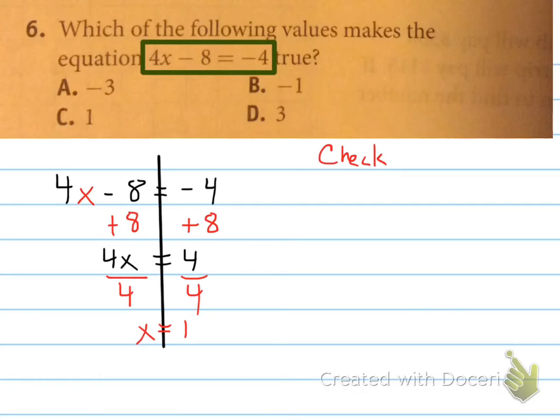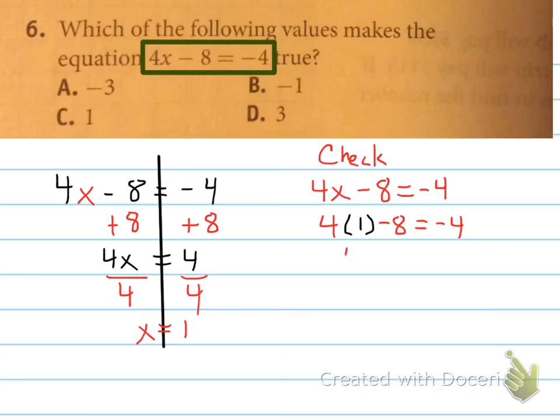Let's just take this and plug in 1. Plug in a number. So the original equation is 4x minus 8 equals negative 4. Alright, so 4 times 1 minus 8 equals negative 4.